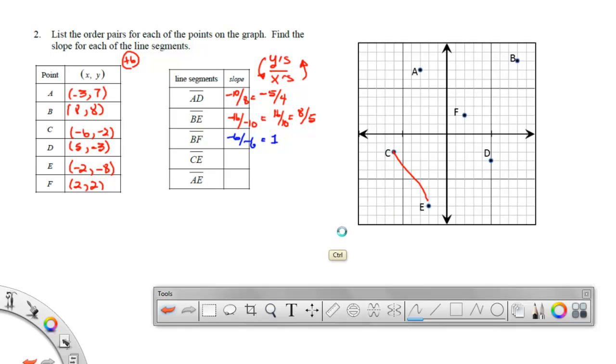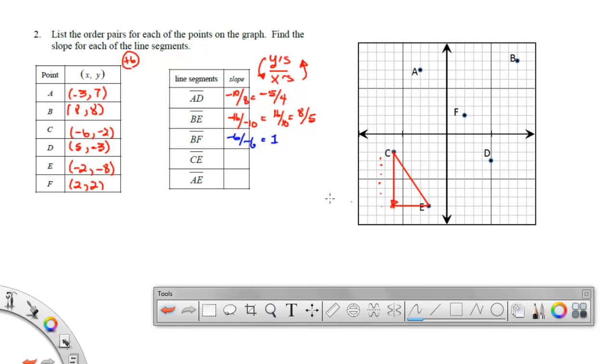Oops, let me get my ruler out here. Straight line, so we do our diagonal line segment. There's my vertical component, then my horizontal component. So now let's count. I'm going from C to E, I'm going down on the y, so there's 1, 2, 3, 4, 5, 6.